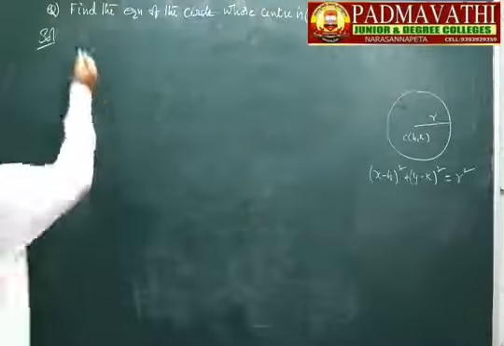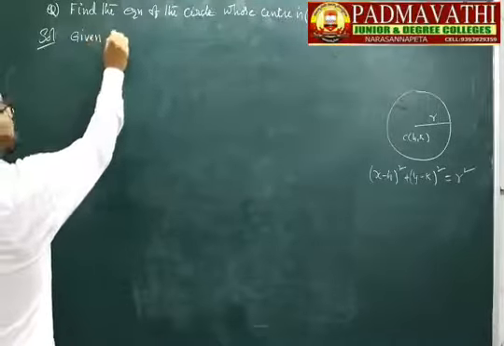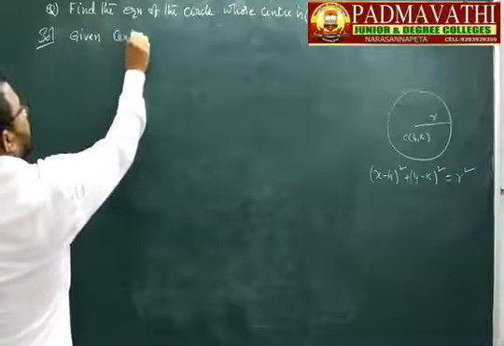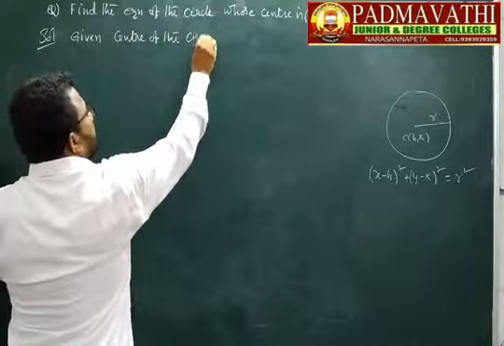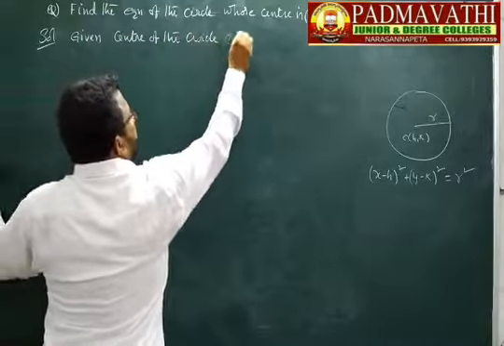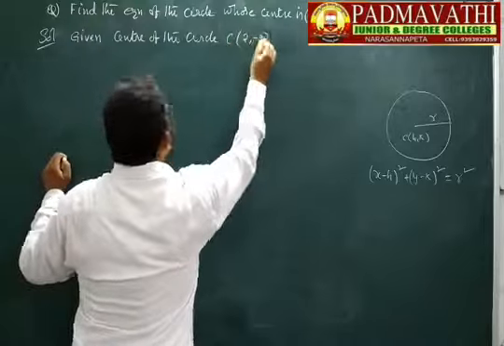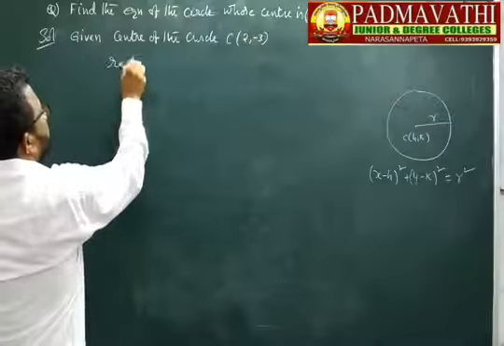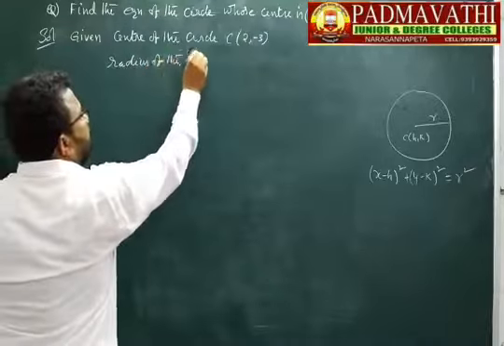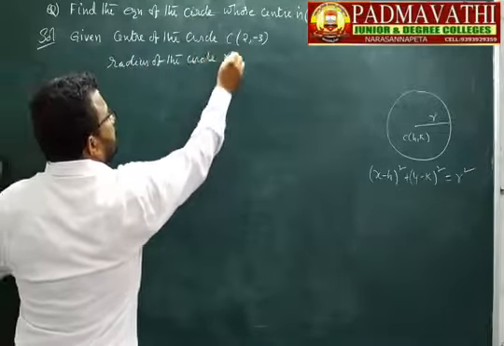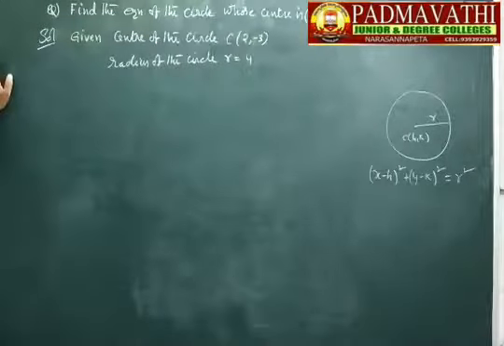Okay, start. Given: center of the circle C is (2, -3) and radius of the circle r is equal to 4. We have to find the equation of the circle.